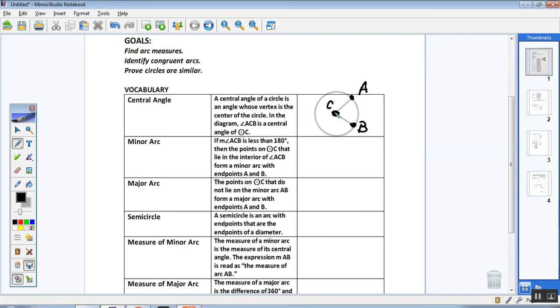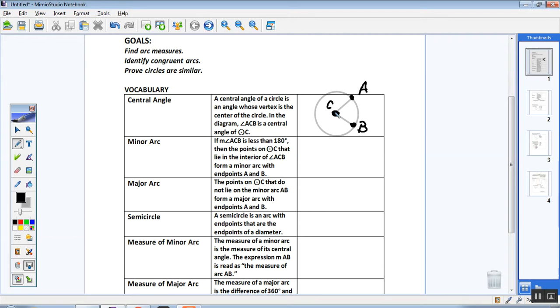Now, minor arc. You're going to hear two terms, minor arc and major arc. What 2 points are on the circle? Not in the circle, but on the circle. If I wanted to go from A to B, there's a short way to go and a long way to go. If ACB is less than what, kids?